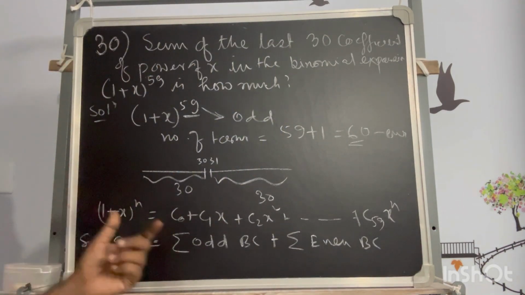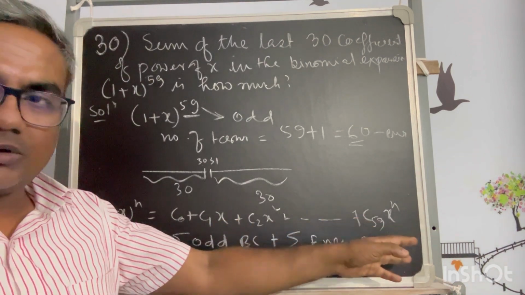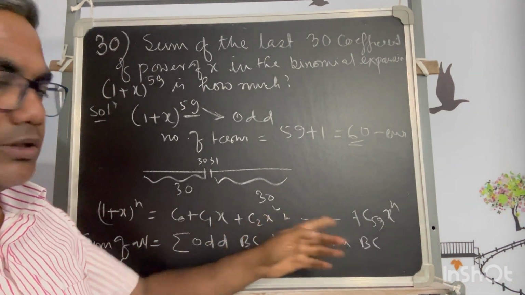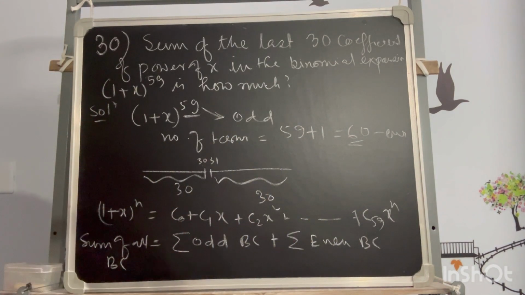This is the summation of odd position binomial coefficients, plus the even position binomial coefficients. When I put x equal to 1, that will go. So this is the sum of the binomial coefficients.